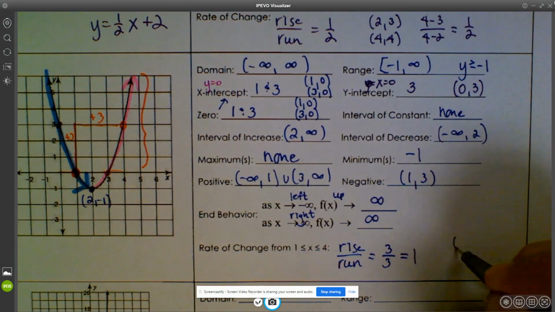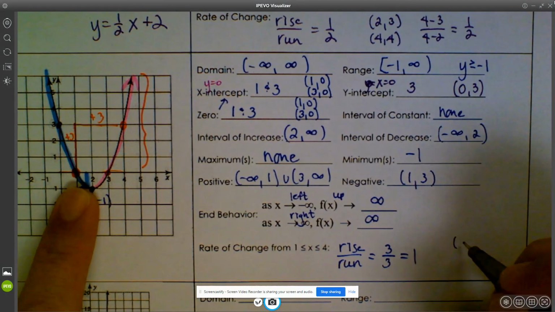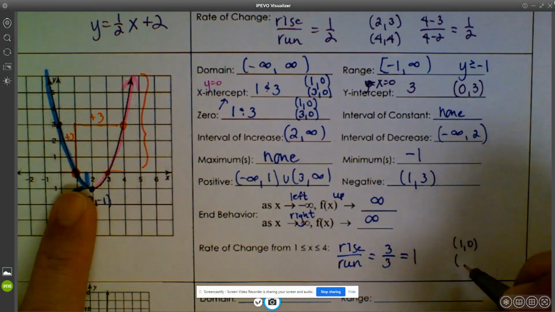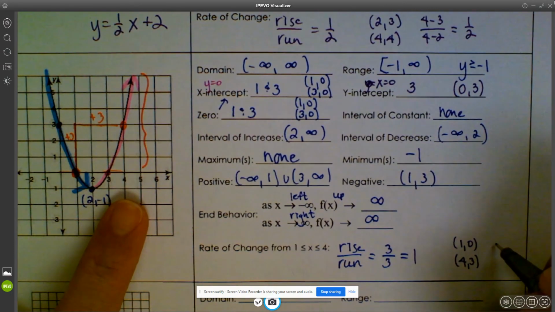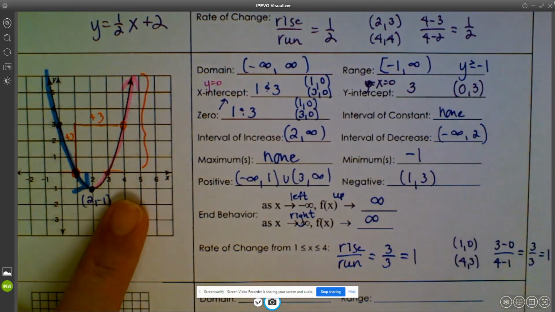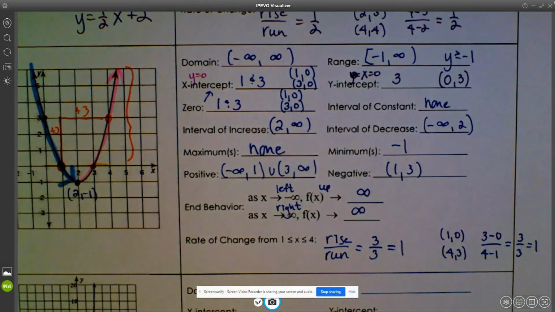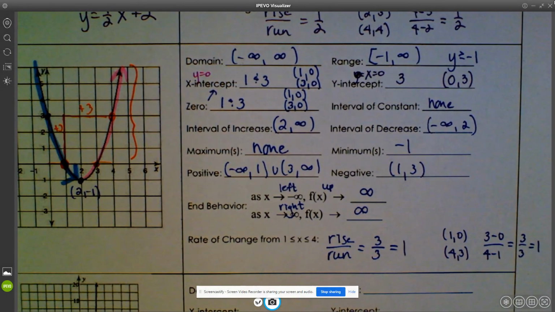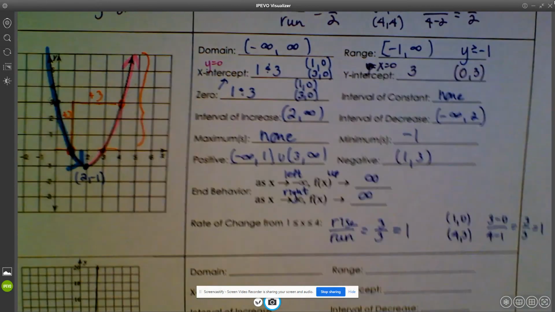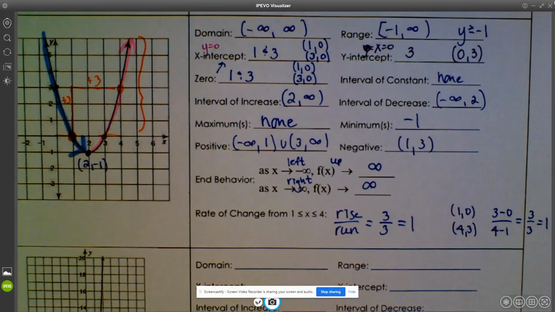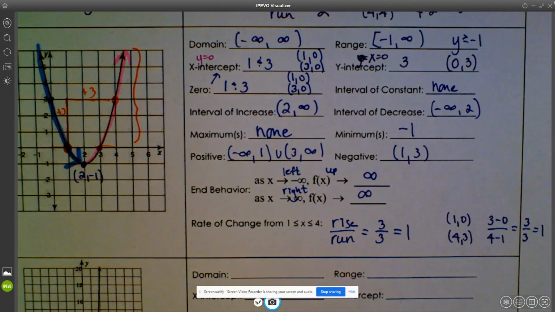If I wanted to look at order pairs, I've got the order pairs (1, 0) and (4, 3). So 3 minus 0 divided by 4 minus 1 is 3 divided by 3, which is 1. So I get the same answer either way. So there's everything you need to know about a quadratic function, and we're good.